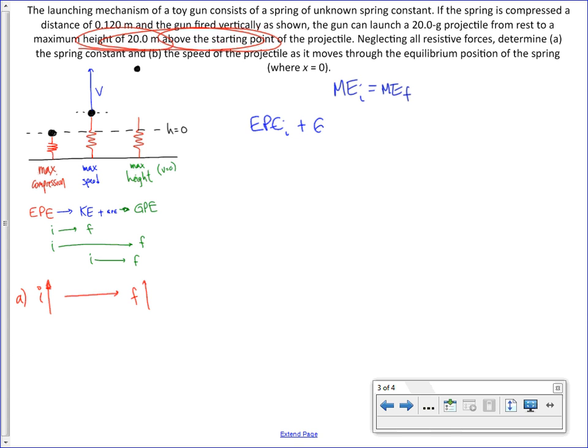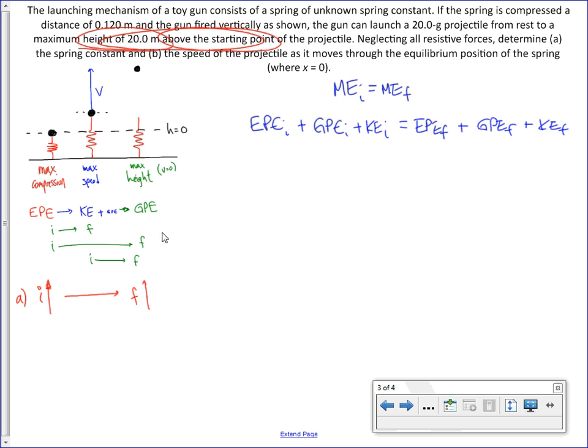For the sake of being thorough, I'll write them all out. Here's a big expression for conservation of mechanical energy. As I've said before, and as I'll say again, please don't just write one kind of energy turns into another. It was really only one person in our last quiz who did that, and guess what happened? They got the problem wrong. So don't do that. Start with the full expression.